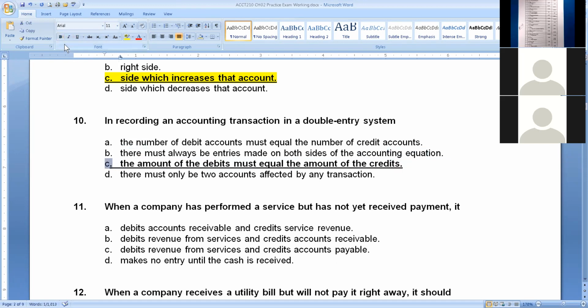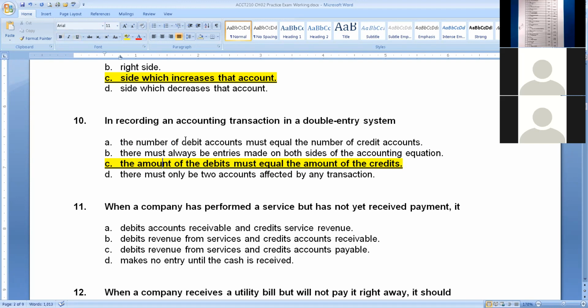Okay, get my C in there. Yeah, and the difference between C and A is the number of accounts. You can have 3 accounts. So you could have 1 debit and 2 credits or vice versa. So the number of accounts don't have to equal, but the amount in them does.